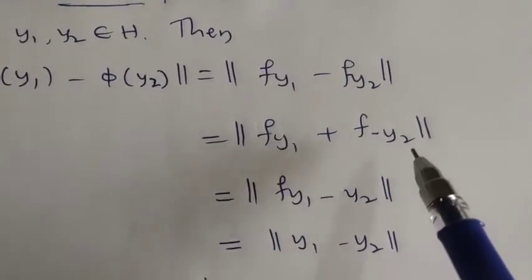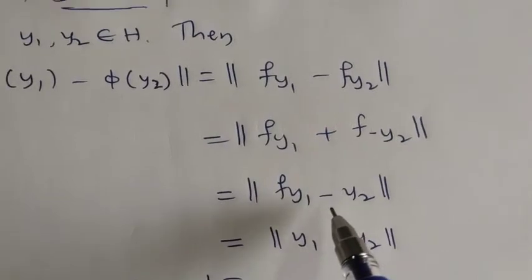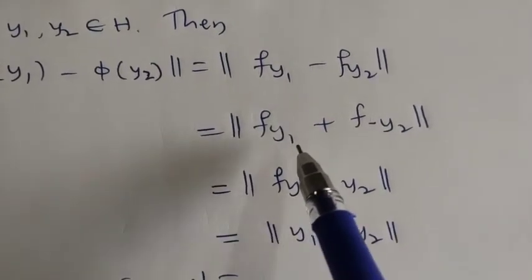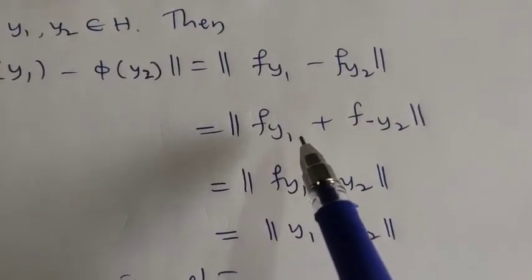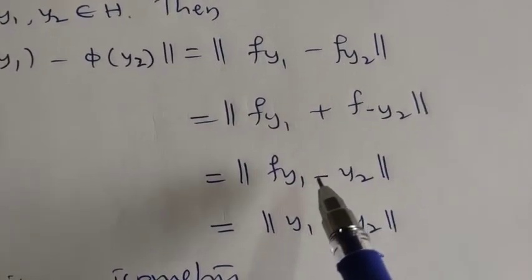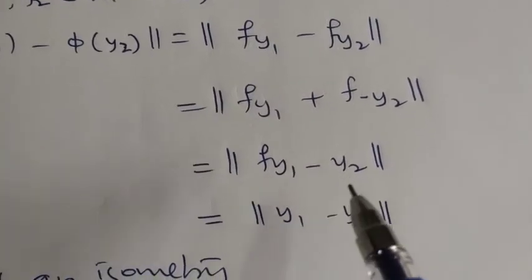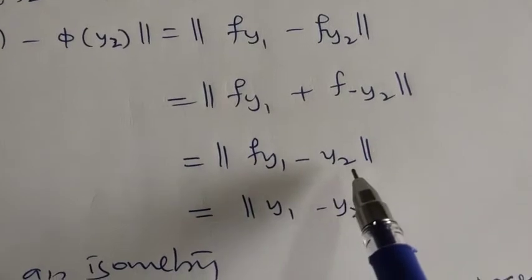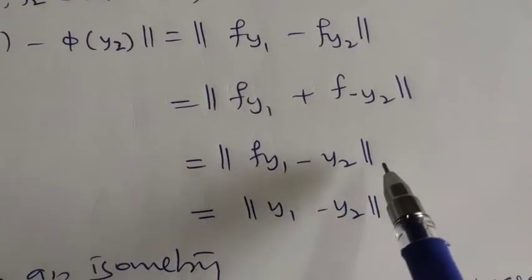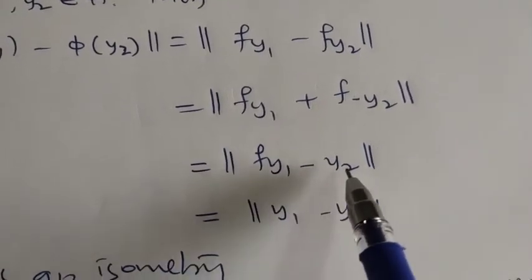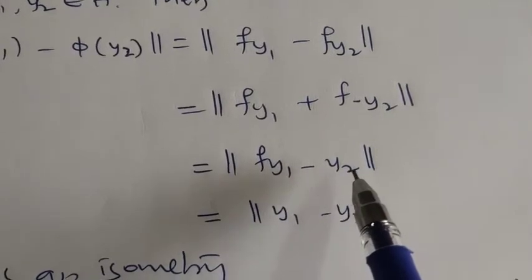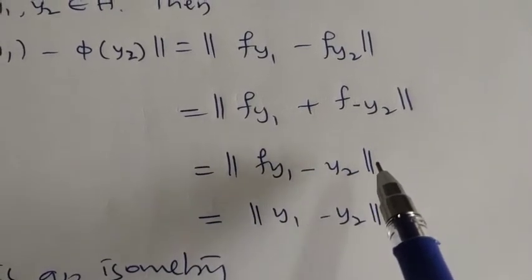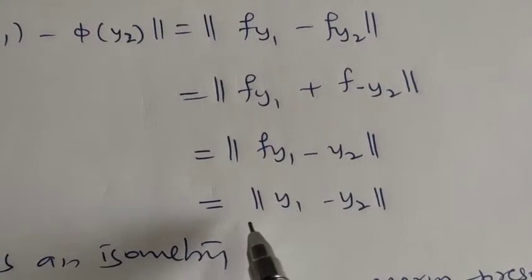It is very simple. This is equal to norm of F of y1 minus y2. Now I will use the result that norm of Fy is the same as norm of y, which we proved in the beginning. So that is equal to, according to that result, what?